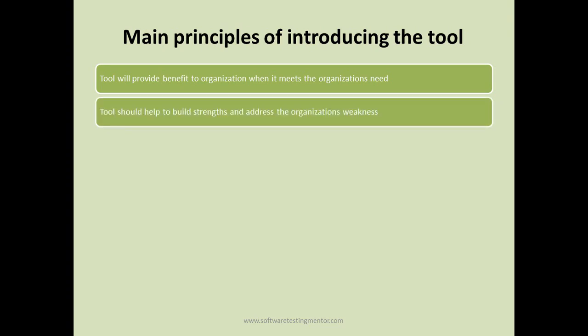Then the tool should help to build strengths and address the organization's weaknesses. So the other main principle is that the tool should help to build strength. Whatever existing weaknesses are there in the organization, the tool should be able to overcome those weaknesses and provide strengths accordingly.